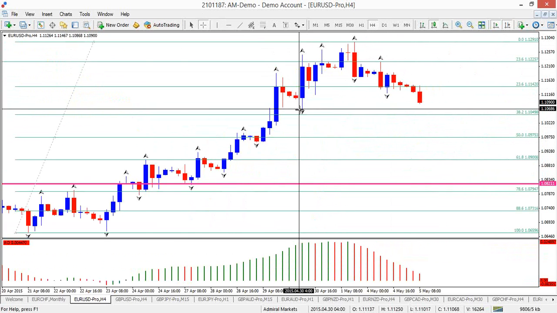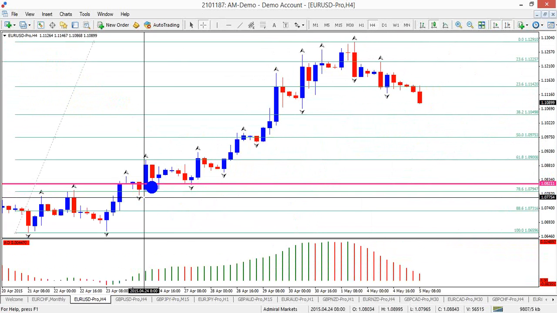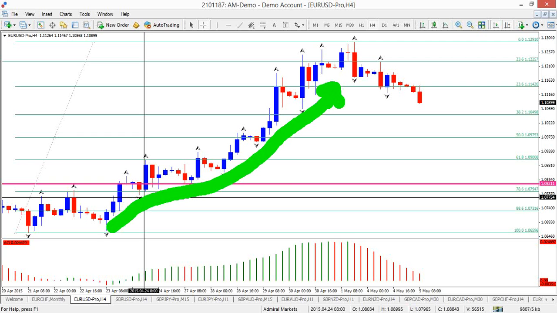Or in other words, in the 4-hour chart, if you look simply at the flow of price, what do we see? Big blue candles, closes near the high. We see small bearish candles, and the majority are blue. Clearly bullish momentum. Those are the characteristics of bullish momentum.